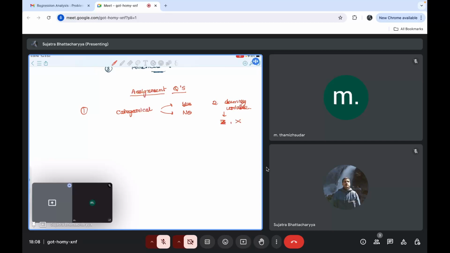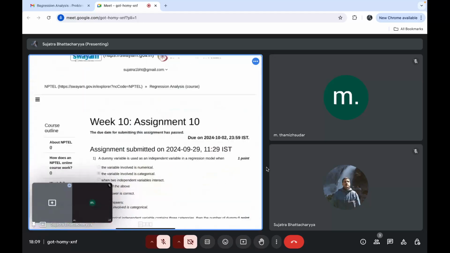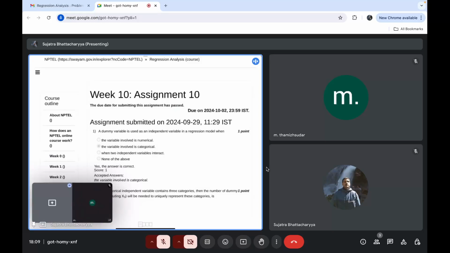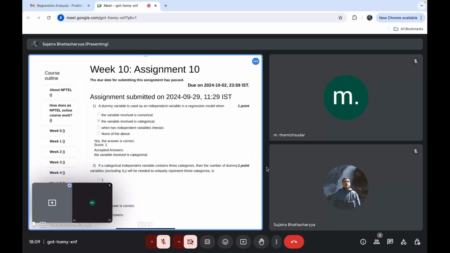Of course, there is another variable x naught, where the values of x naught were always 1, whereas z, this dummy variable, always takes either 0 or 1, that is, either no or yes. This is a binary kind of thing, either 0 or 1. This is actually called a categorical variable. So a dummy variable is used as an independent variable in a regression model when the variable involved is categorical. That is what the first question is.